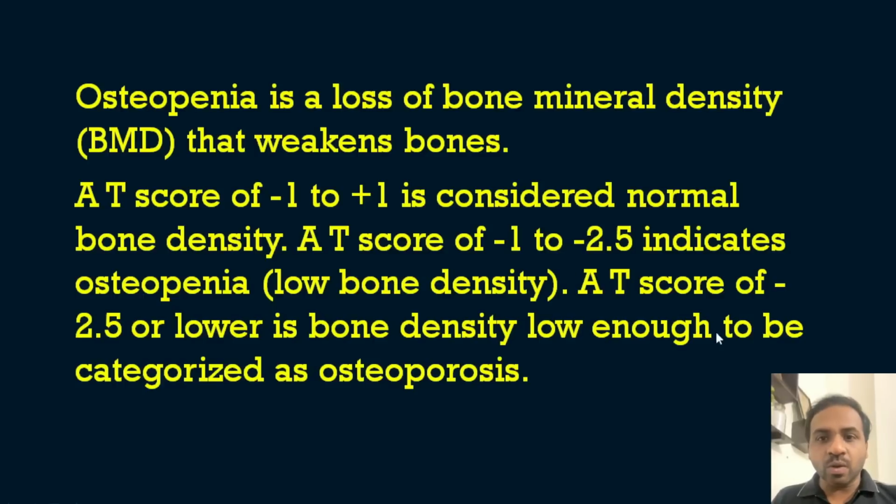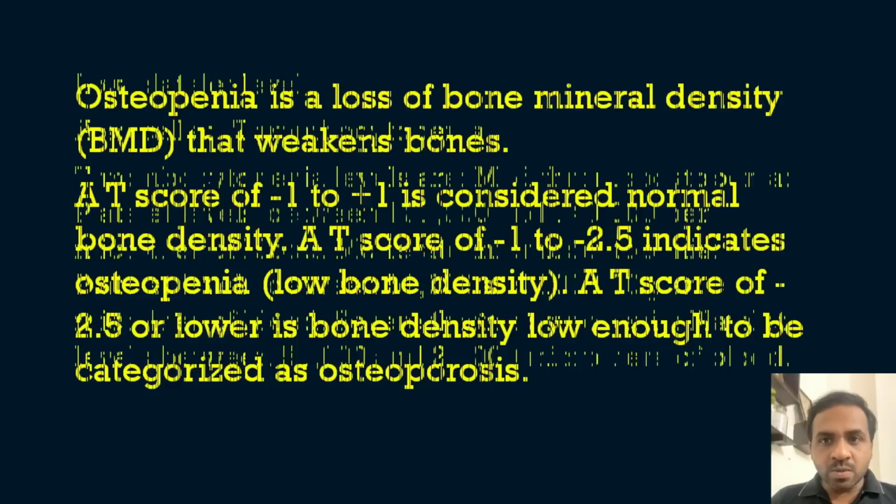A T-score of -2.5 or lower is bone density low enough to be categorized as osteoporosis. So you can remember these scores, and when we call it osteopenia and when osteoporosis.